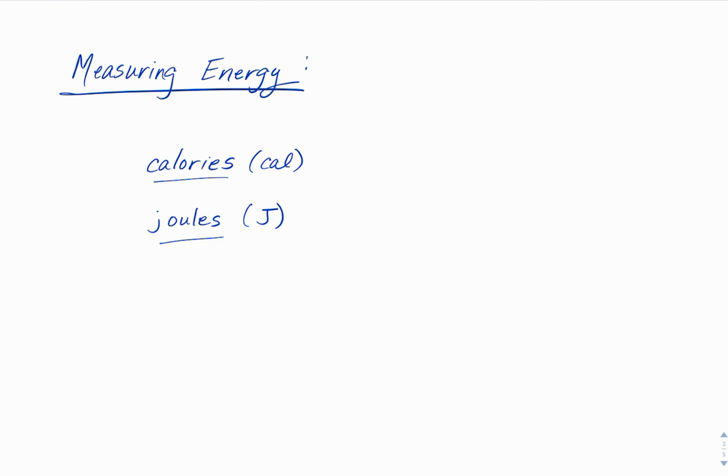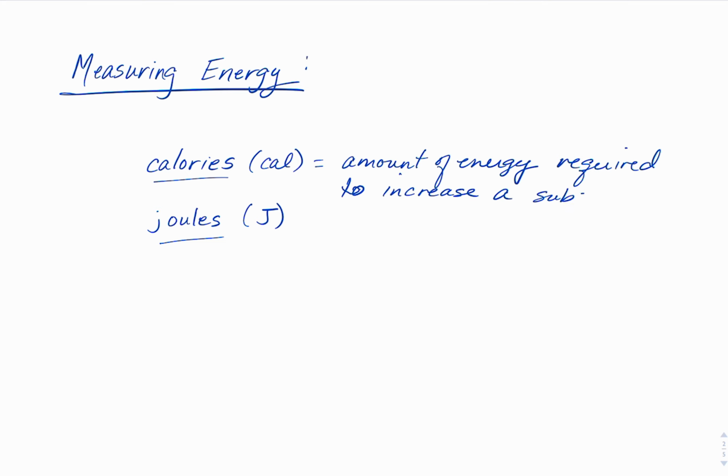A calorie is defined as the amount of energy required to increase a substance, with this substance being specifically water, by 1 degree Celsius in 1 gram of that substance. So in our case, water.